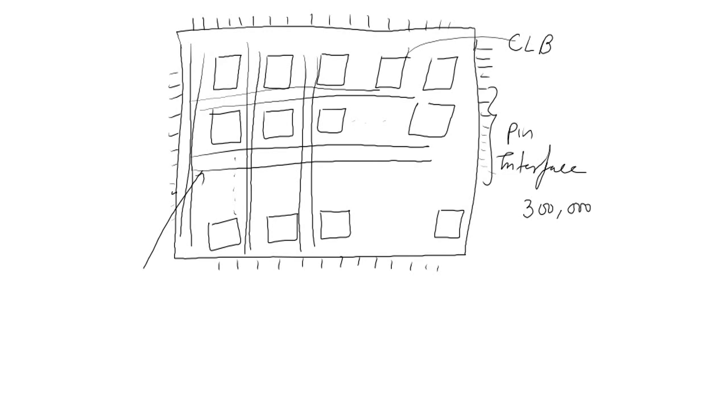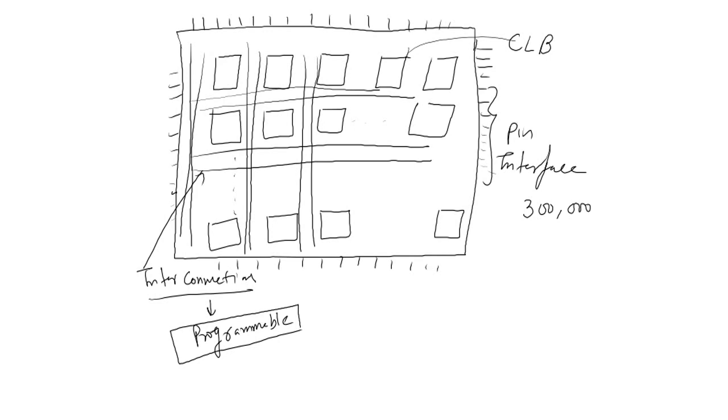Now these interconnections are programmable. What is the meaning of programmable? Let's suppose if you want to connect these blocks, I will join this wire here and this wire here, so that means they are connected. Once this is hardwired, I cannot change it, right?